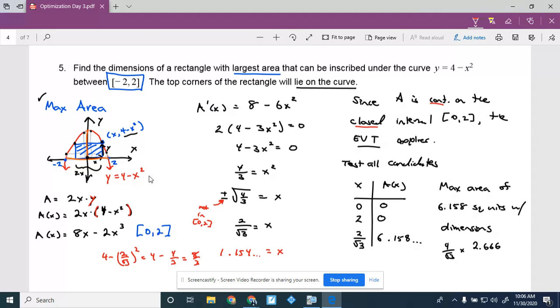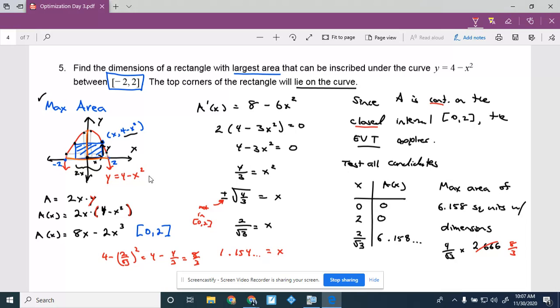You're going to get 4 over radical 3 by 8/3, which is 2.666 repeating. I had the decimal in there before, but I just wanted to keep everything clean. If I wanted to do the decimals, I could do 2A in my calculator, write down the decimal by 2.6, and that would be fine too. But these are the dimensions, and that is the question answered.